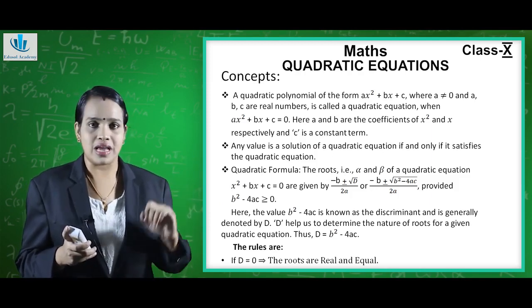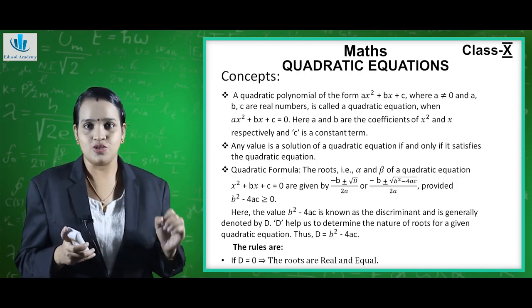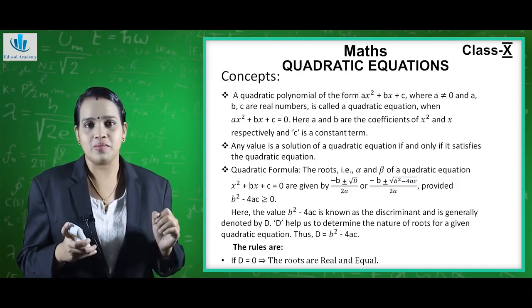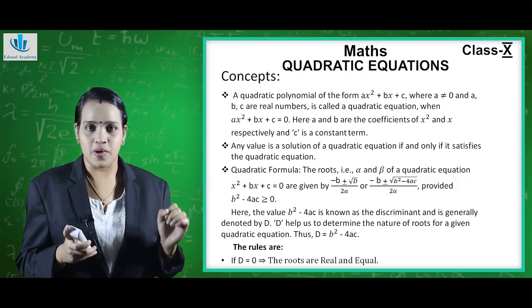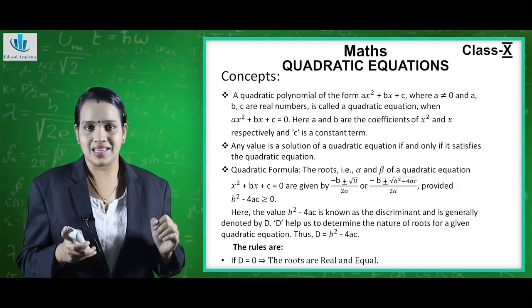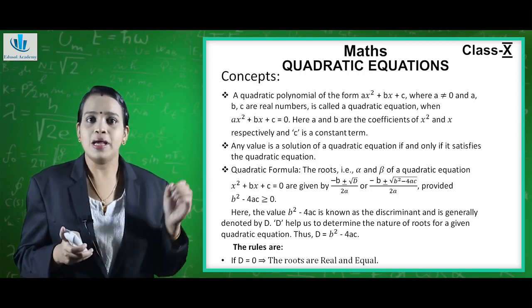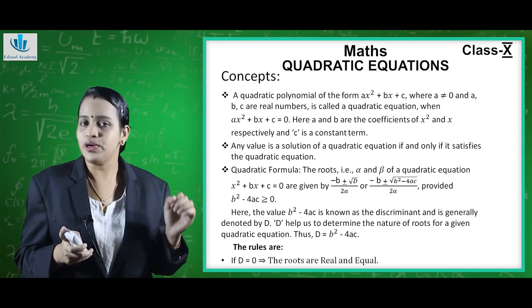Now we will see the quadratic formula. You know the roots, that is alpha and beta, of a quadratic equation ax raised to 2 plus bx plus c is equal to 0 will be given by minus b plus or minus root D upon 2a. Or we can say that D is nothing but b raised to 2 minus 4ac, upon 2a.